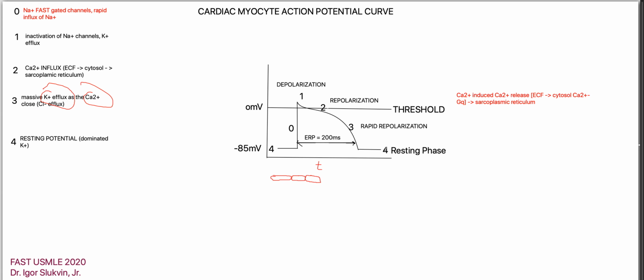And then you go into your resting phase, which is mediated by potassium leakage. And it stays here for a little bit until it's ready for the next contraction, when it receives the signal from the nodal pacemaker that it's time for another contraction.